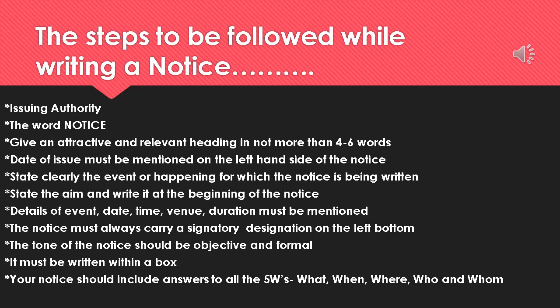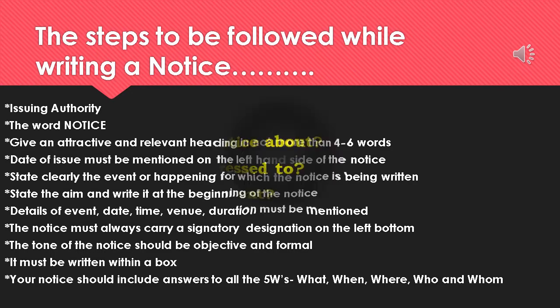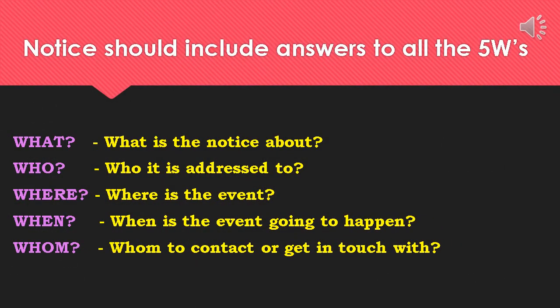Whom to contact. Answers of these 5 W's make the body of the notice perfect. I hope the body of the notice is very clear to you all. As we have mentioned before, a good notice should include answers to all the 5 W's.